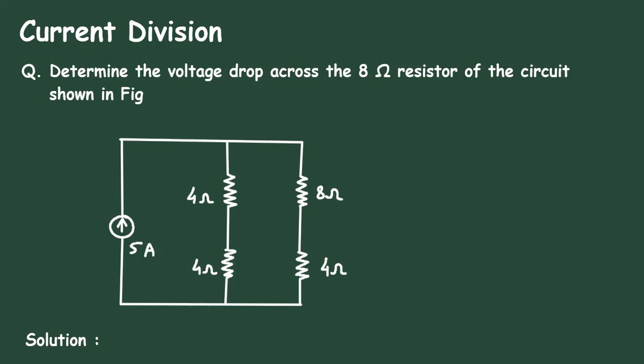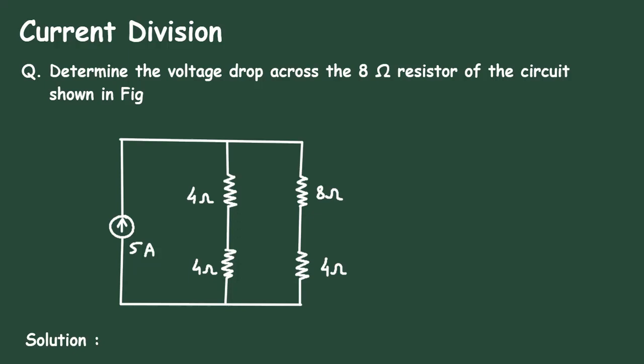So by using the current division rule, the I1 is equal to this current, that is 5 ampere, multiplied by the opposite branch resistance. So the opposite branch resistance will be 4 ohm plus 4 ohm, so it will be 8 ohm.